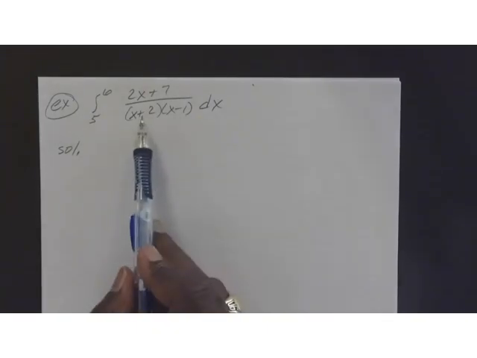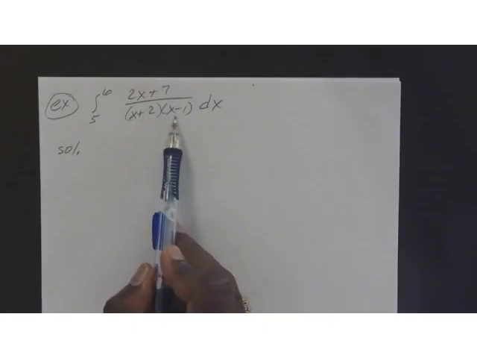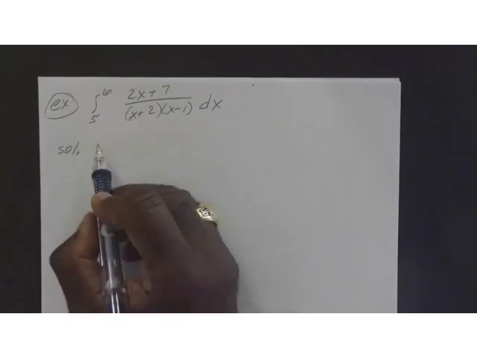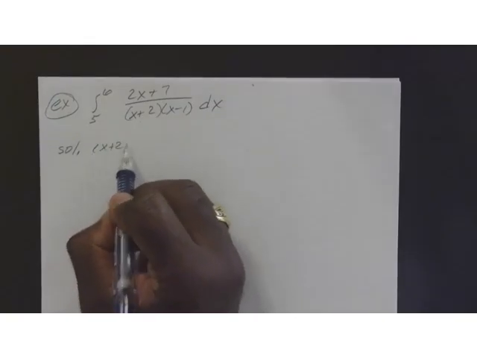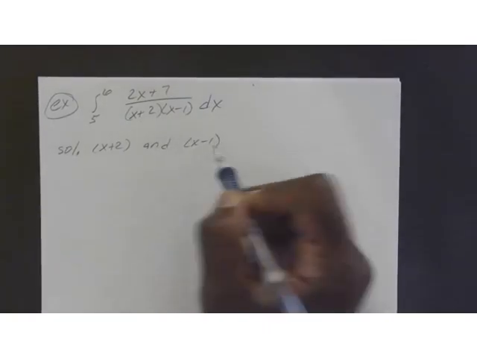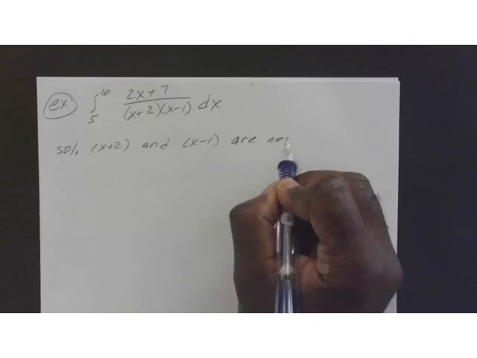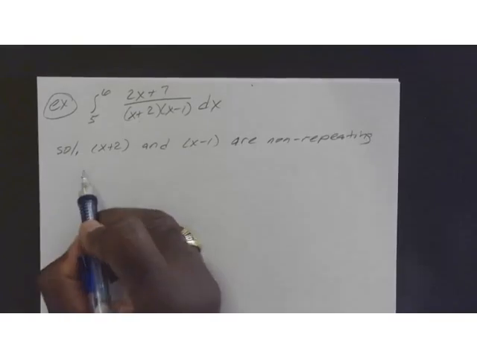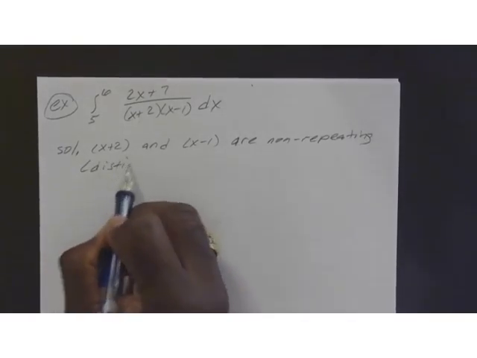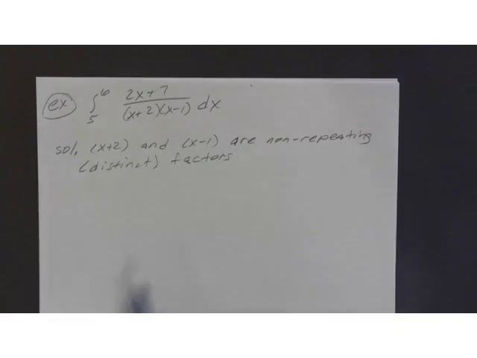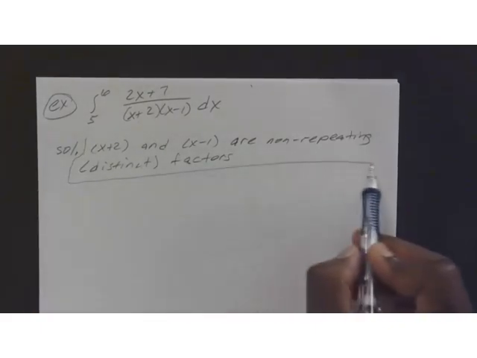We can see in the denominator, x plus 2 times x minus 1, they're non-repeating factors, so they're distinct. So x plus 2 and x minus 1 are non-repeating, or you can just say distinct, factors. Just identify what they are.